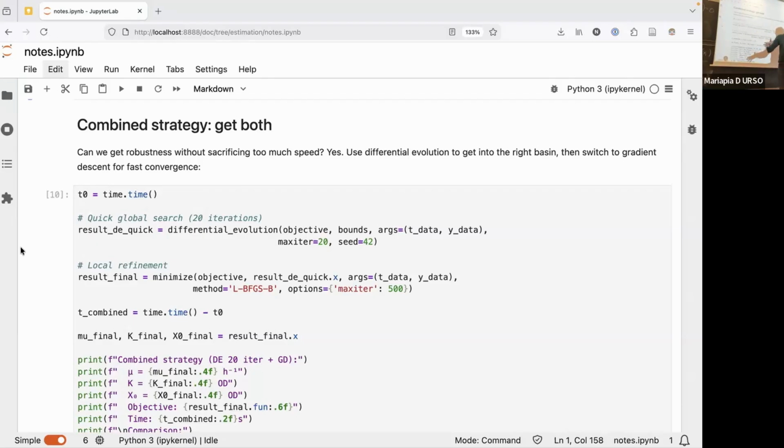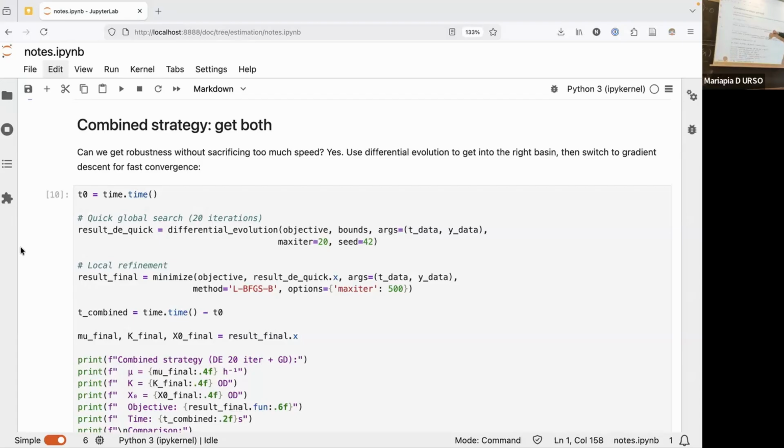You can try first global, then local. Run some global scheme. Here it is differential evolution, but you can pick another. And once you identified a good candidate, then minimize it just by gradient descent. You fine tune to find the best thing that you can do.